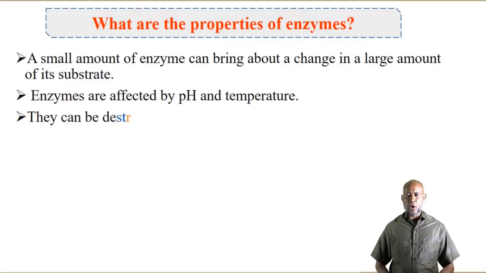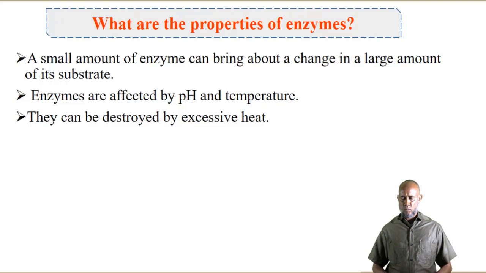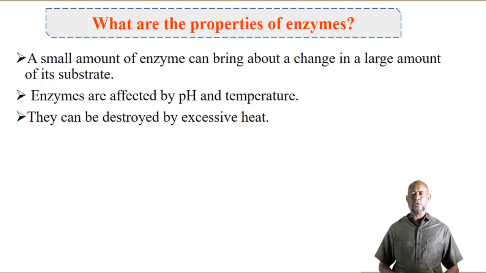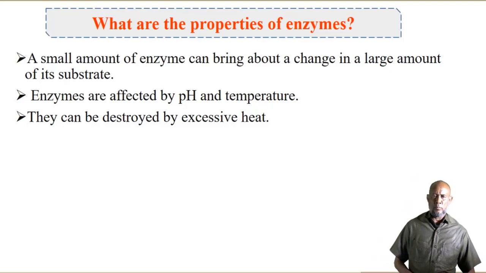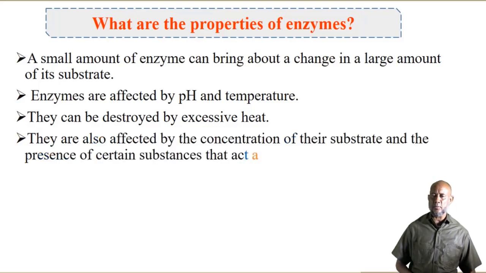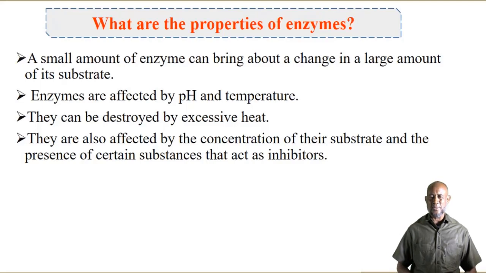They can be destroyed by excessive heat. Enzymes cannot tolerate extreme temperature. They are also affected by the concentration of the substrate and the presence of certain substances that act as inhibitors.